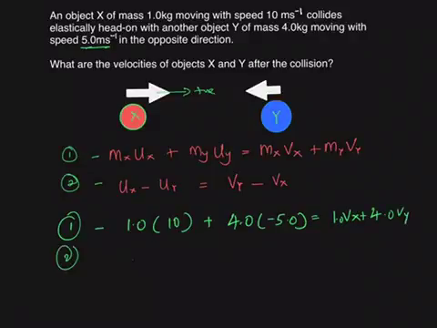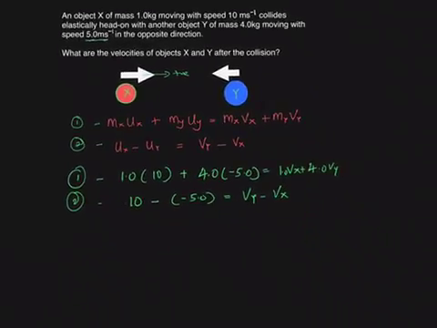And for equation 2, we have 10 minus minus 5 equals to Vy minus Vx. So we have two equations. We're going to solve this simultaneously.